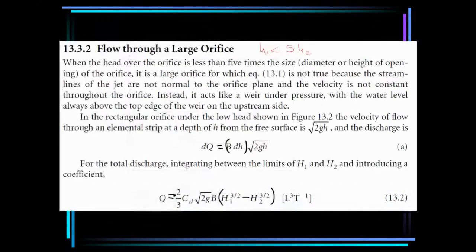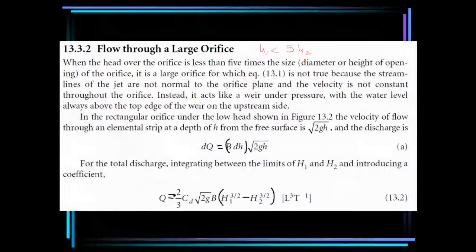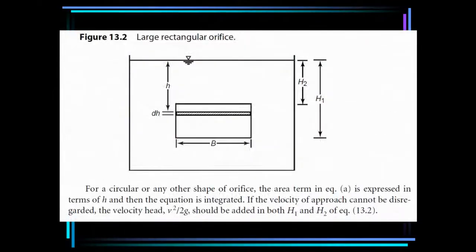So here we need to integrate for total discharge. For the total discharge, we need to integrate between the limits H2 and H1, and introduce the coefficient, because the height of the orifice is given by H1 minus H2.